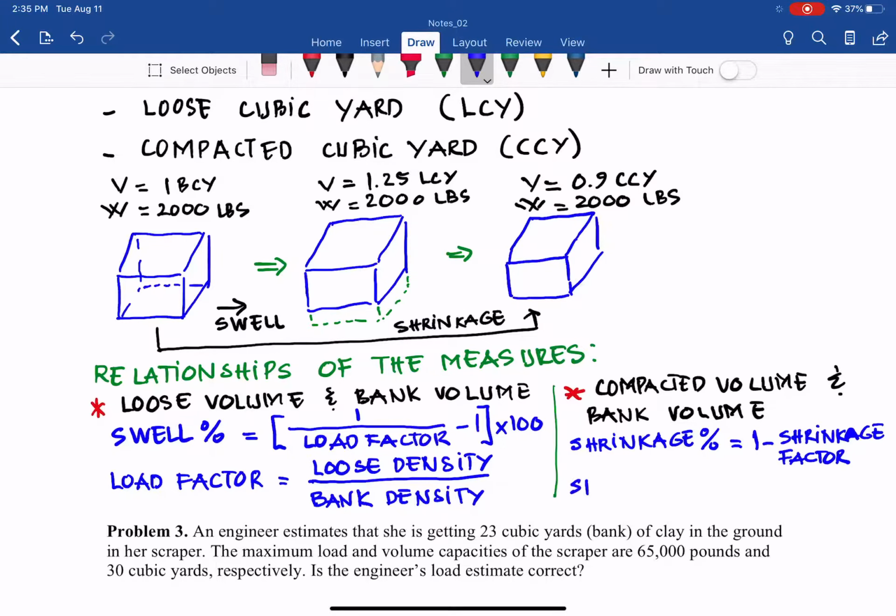Similarly, the shrinkage factor is equal to the bank density over compacted density.